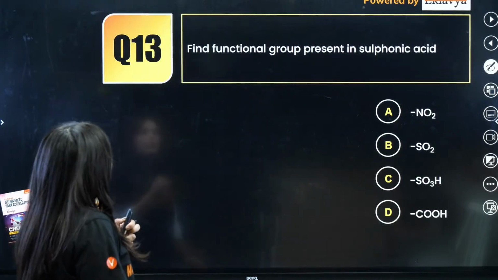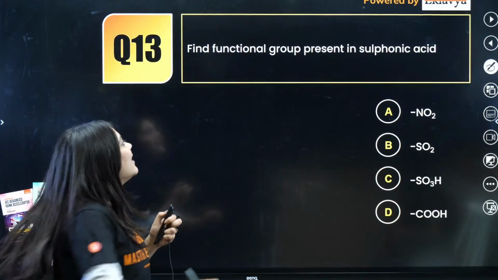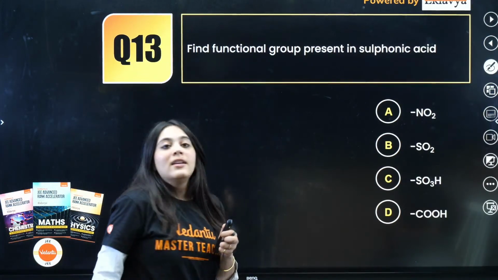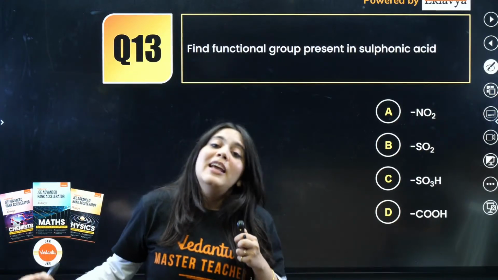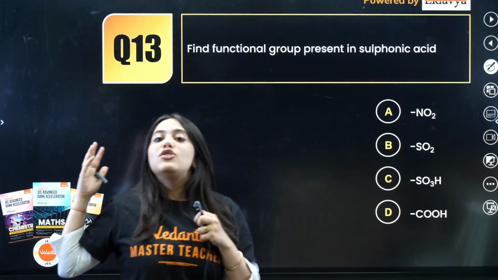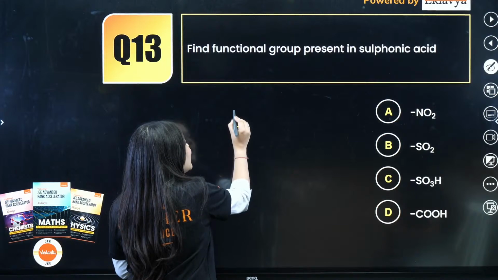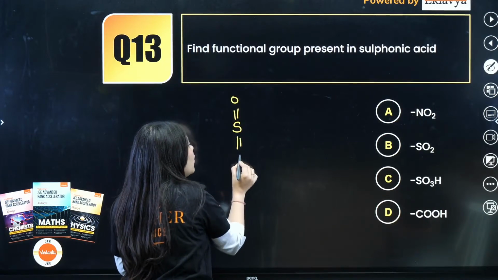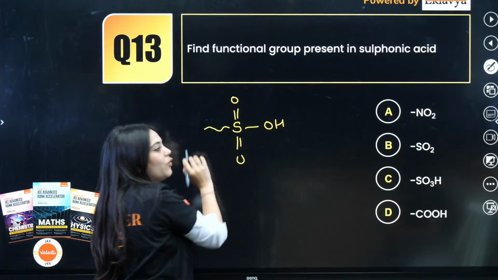Right now, let's move on to the next question. Look at this question, guys. Find the functional group present in sulfonic acid. A very basic question. You've been using sulfonic acid so many times. So what is the structure of sulfonic acid? It looks like S double bond O, OH, and here some alkyl group would be present.